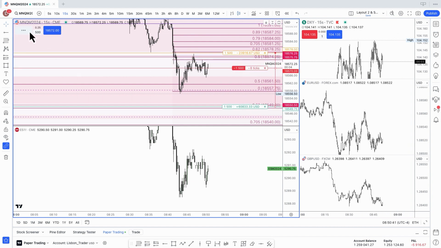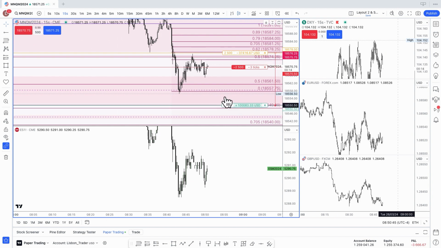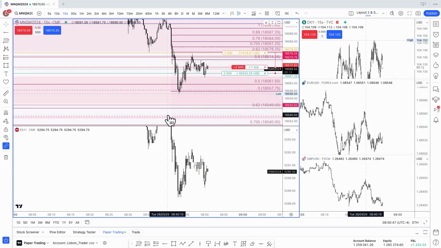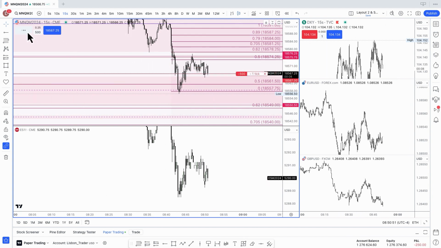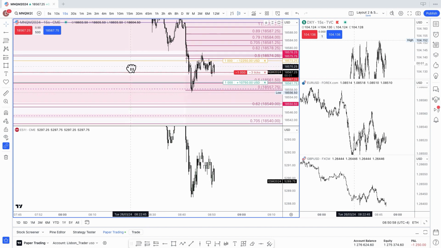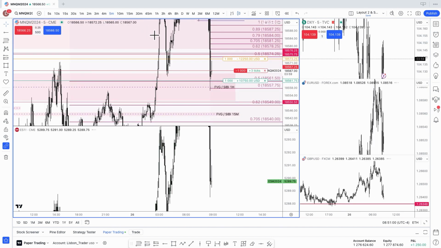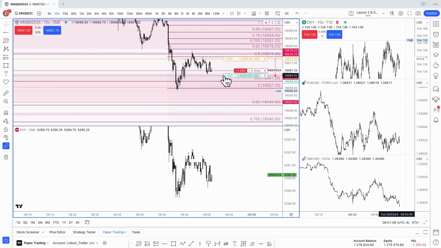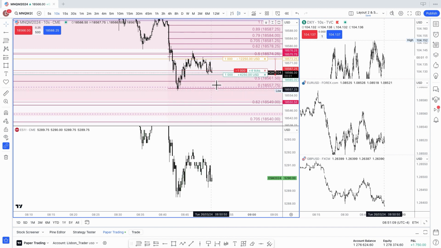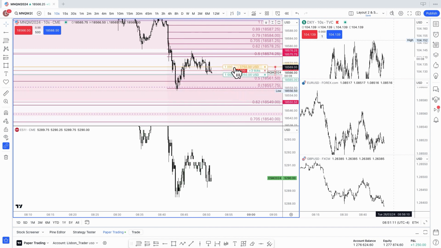3 risk. So 275. Yeah, it's just consolidating here. I want to be out.